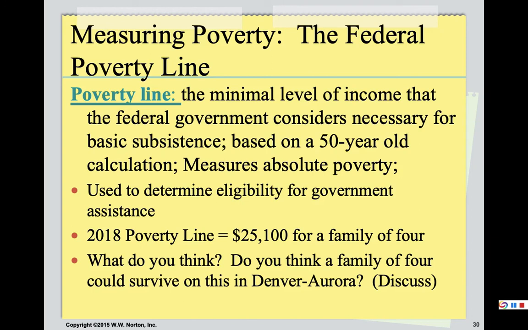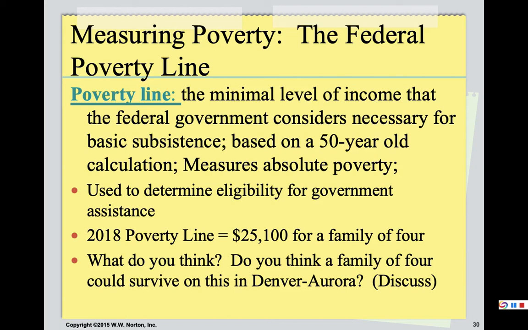That's why so many different programs like heating assistance, housing assistance, food assistance actually will calculate your eligibility based on above the poverty line, because they know that this number is artificially low, I would say, is the point I'm trying to make.